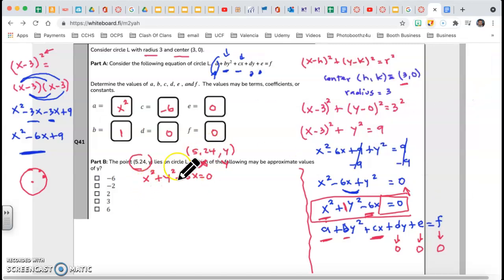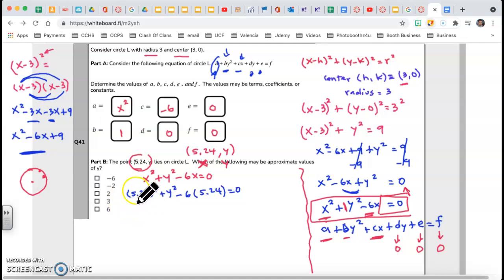So it's going to be 5.24 to the second power plus y squared, because I have no idea how much is y, minus 6 times x, but x is 5.24, equal to 0. If you notice, the only variable that I have is the y. There's nothing else. So here I'm able to find the value of y.